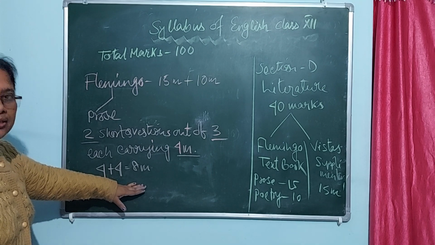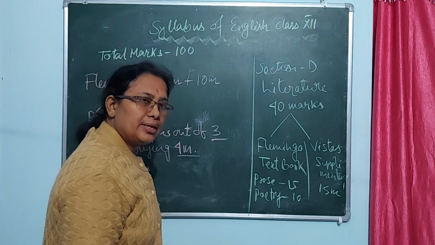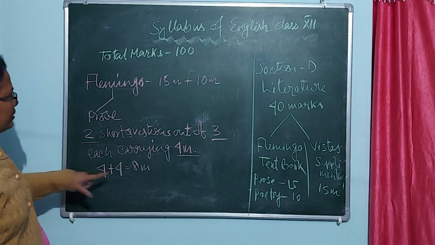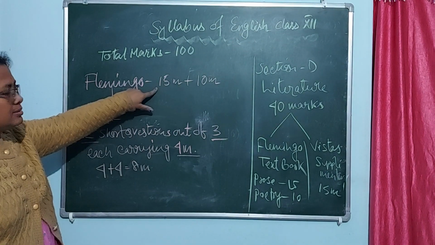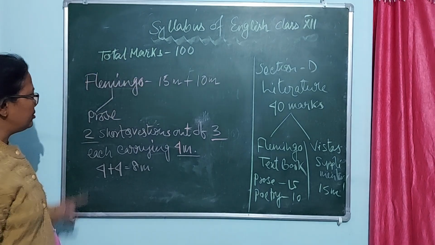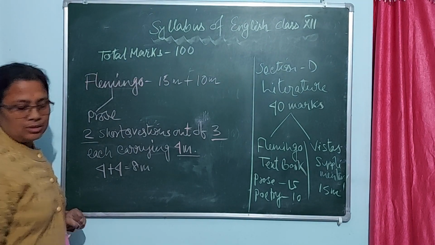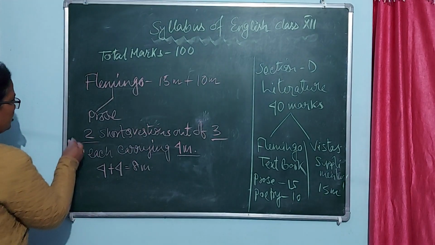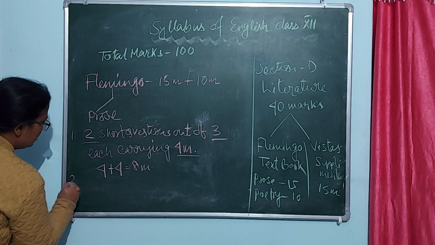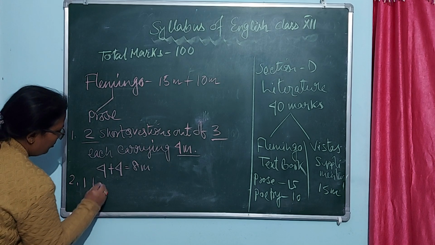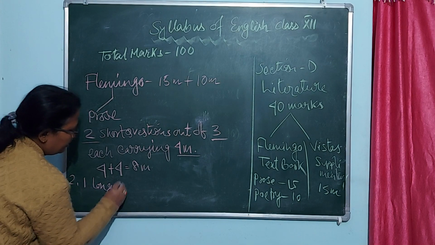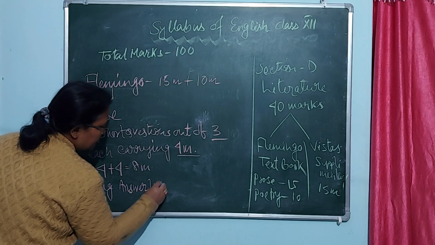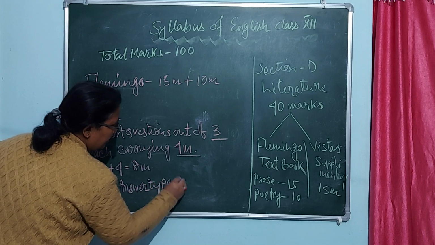If you read the story properly, you can get the answers very easily. Next, the remaining marks, how many are there? 7 marks. So 7 marks is for your long answer type question.